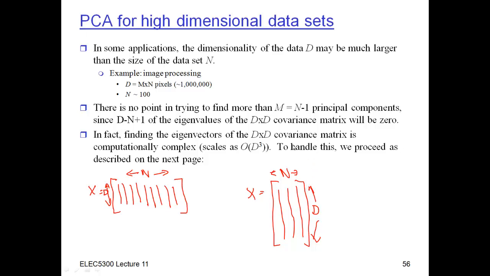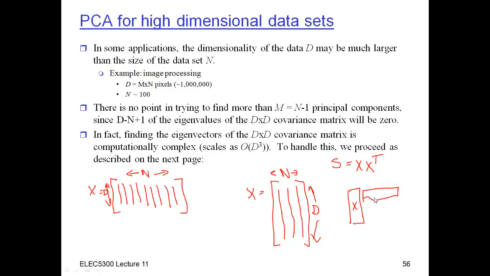Now, if I did find the covariance matrix, assuming everything's zero-mean, the covariance matrix S would be X times X transpose. I would get a D by D matrix, right, because I'd have this long skinny thing here times this wide fat thing here.